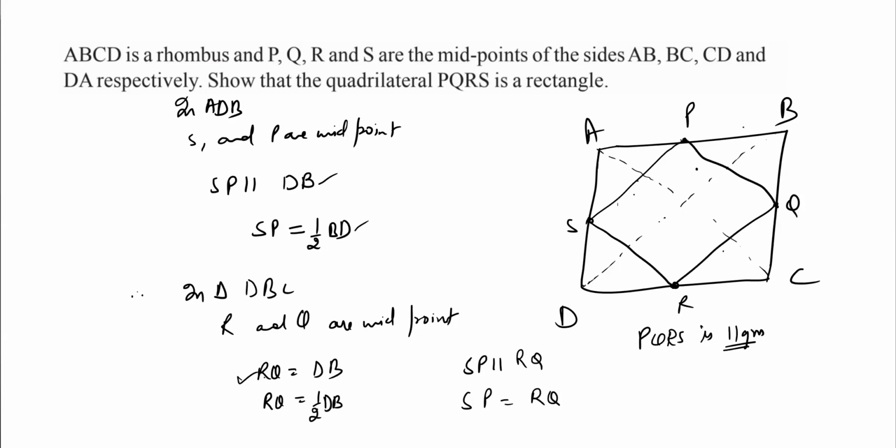So you can prove here that AB, since this is a midpoint, this side is equal to this side. Why? You will prove that.